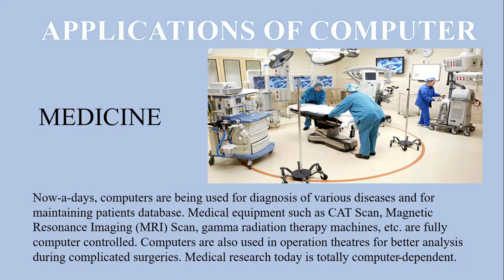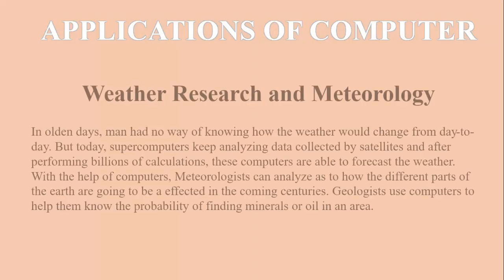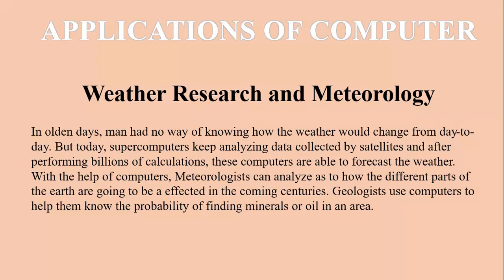Next is weather research and meteorology. In olden days, man had no way of knowing how weather would change from day to day. But today, supercomputers keep analyzing data collected by satellites, and after performing billions of calculations, these computers are able to forecast the weather.